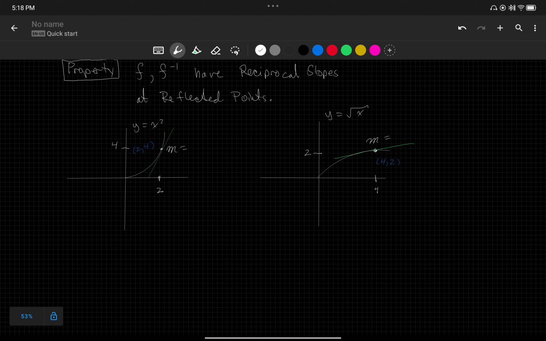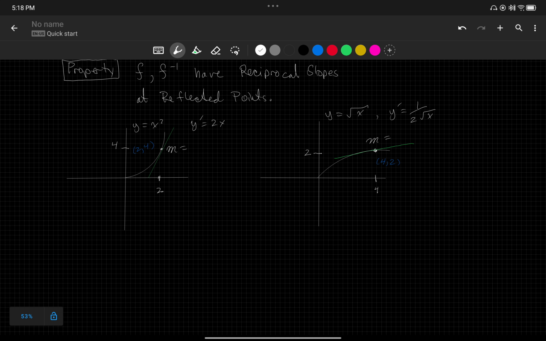So then the derivative here, y prime, let's call it, it was 2x. The derivative over here, y prime, was 1 over 2 square root of x. And if you have the x value, you just plug it in.